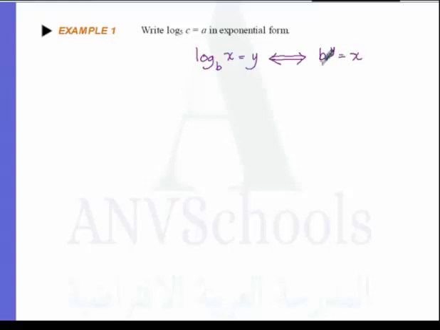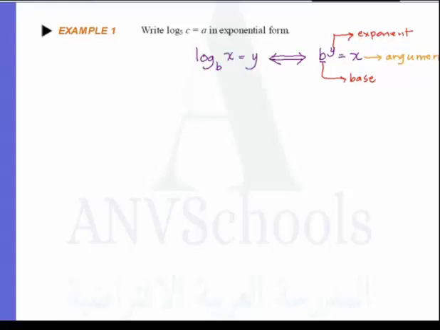So our b here is the base, this is our exponent, and this is our argument, okay?